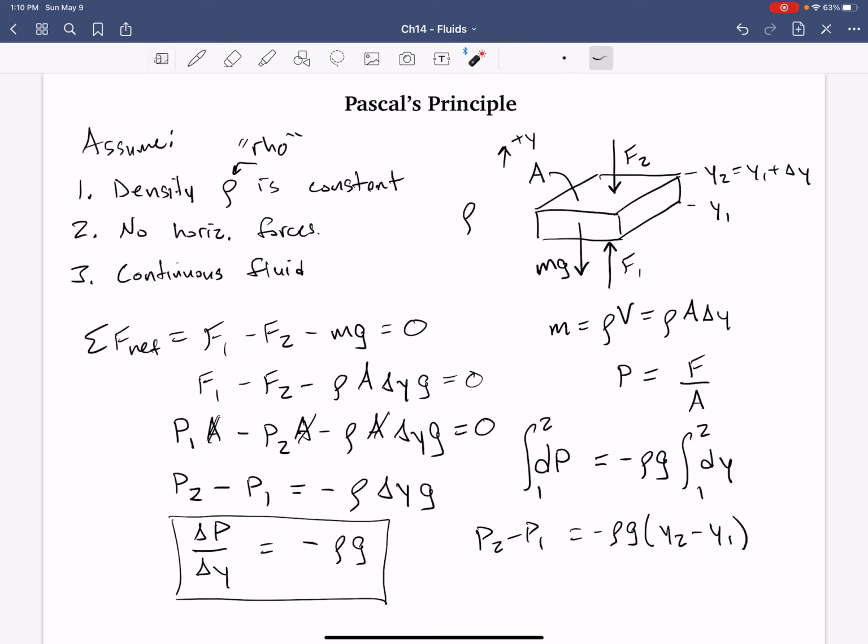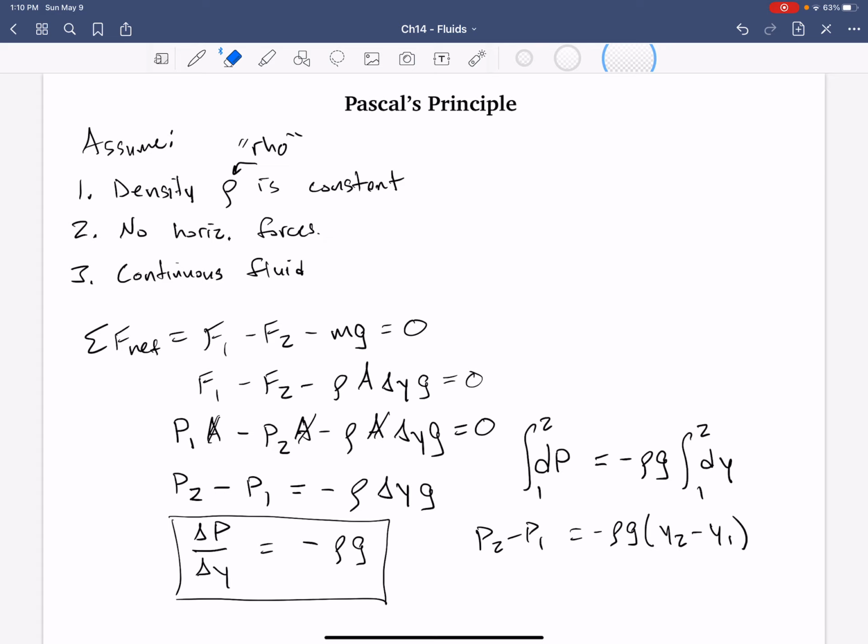And this says that, here, let me write a picture real quick. Let's erase all that busy work right there. And now if I have, say, some height y1, and then another height up here, y2, and if we go up, that's the positive direction, what does this equation tell us?